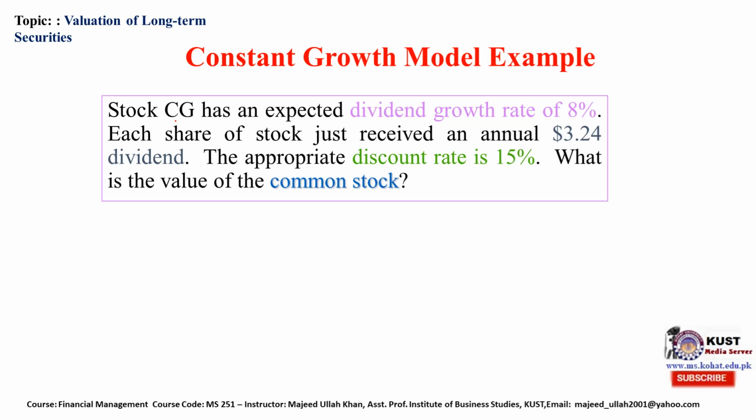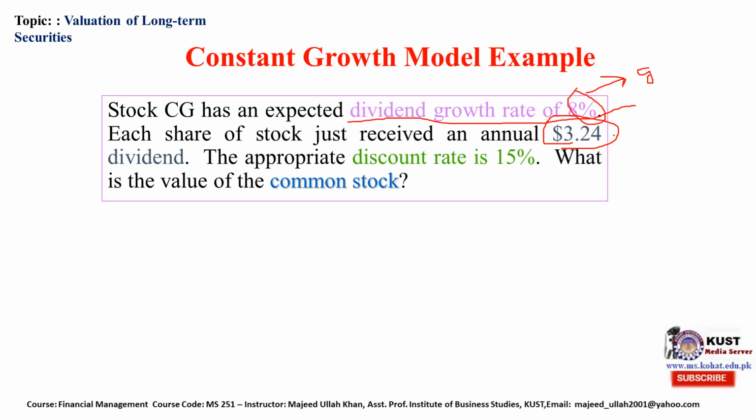Stock CG has an expected dividend growth rate of 8%. So G is how much? G is this 8%. Each share of the stock has just received an annual dividend.